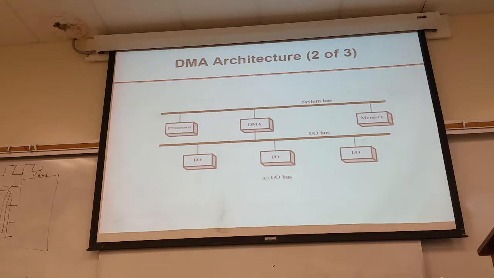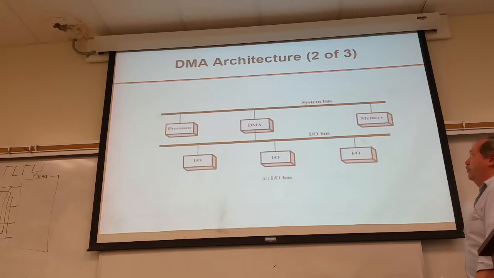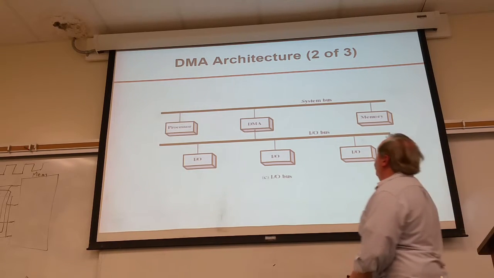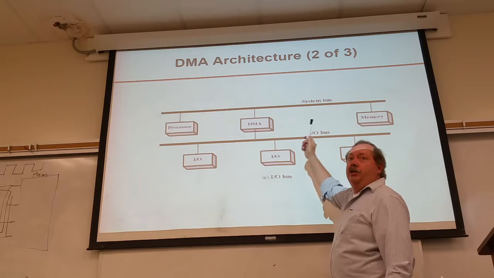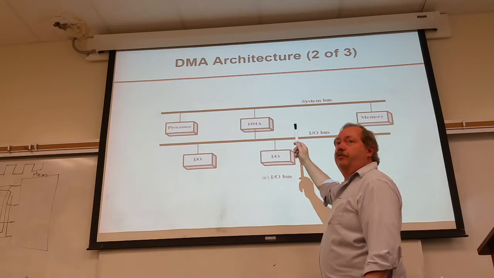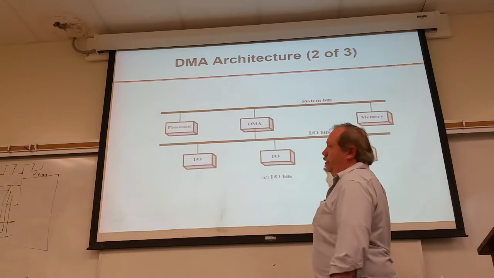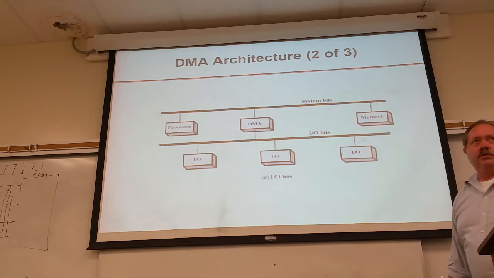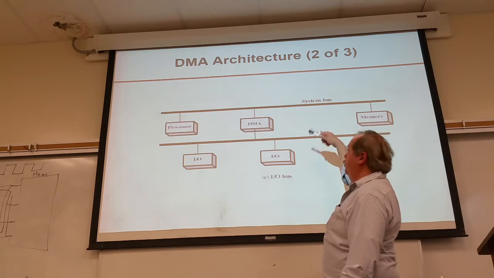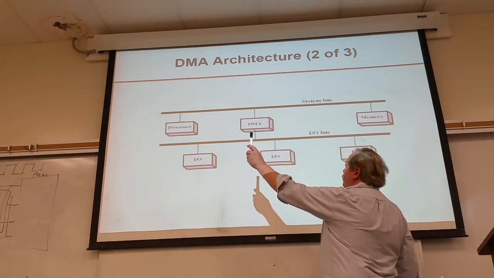So then we evolved into separate buses for the I/O subsystem versus the CPU or the system. This was a very powerful and long-lasting architecture that allowed us to do true multi-programming systems. Even back in the late 70s, we had machines with this kind of bus architecture and some pretty powerful computing capabilities.